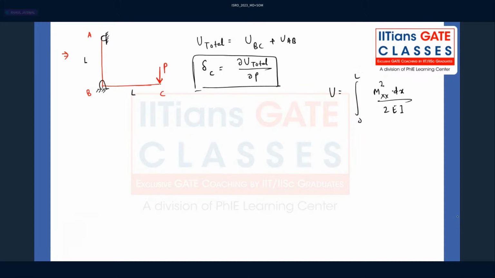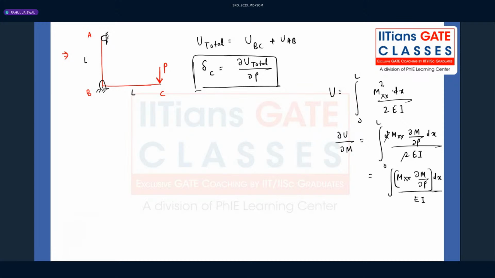If I differentiate, dU by dP, I will get 2M dM by dP into dx divided by 2EI, from 0 to L. So finally, you just calculate M, differentiate it with respect to P, and multiply by dx divided by EI. That's it. Compared to the calculation, this step is very easy. I will tell you why.